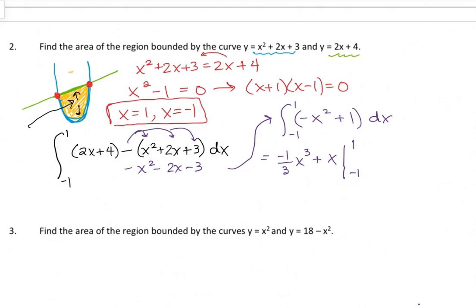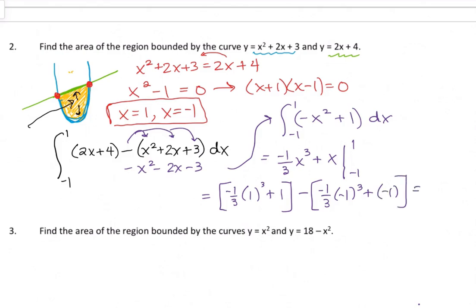So I want to plug in my upper limit of integration first. So I'm going to have -1/3 times 1 cubed plus 1, minus -1/3 times -1 cubed plus a -1.